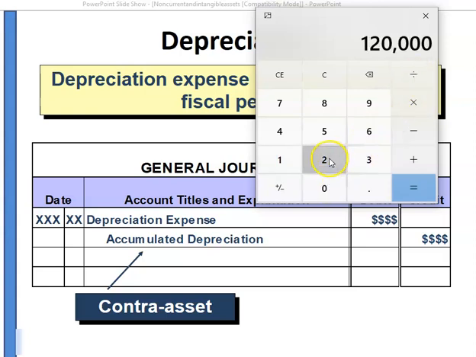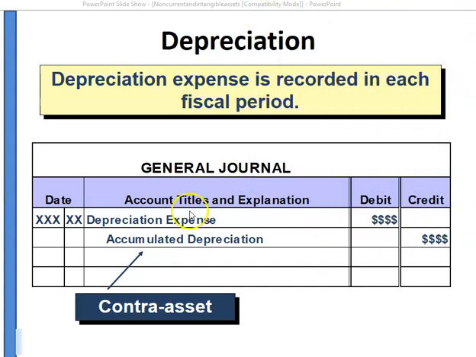For 20 years gives us $6,000 per year. We might have depreciation expense of $6,000 here, and then accumulated depreciation would be our credit. This is a contra asset. This is an adjustment account on the balance sheet. That would be $6,000. But notice nowhere here do you see the term building.